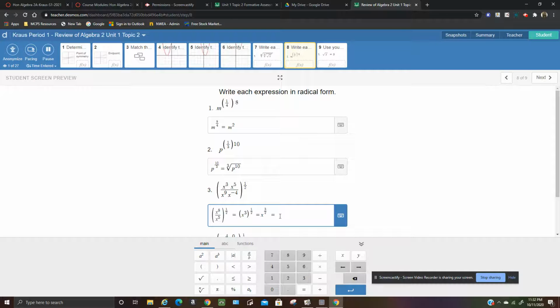So if I write that in radical form, it's the square root of x cubed. The square root is right there, so then x, and the exponent is 3.